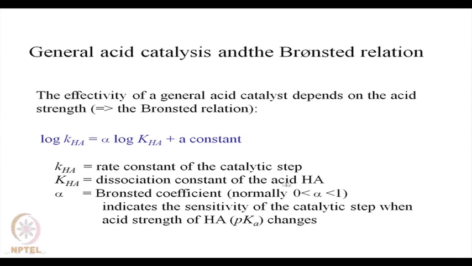K_a is the dissociation constant of the acid, and alpha is the Bronsted coefficient, normally in the range 0 less than alpha less than 1. This indicates the sensitivity of the catalytic step when the acid strength of HA, that is pK, changes. So it is a marker for the sensitivity, and it is called the Bronsted coefficient.